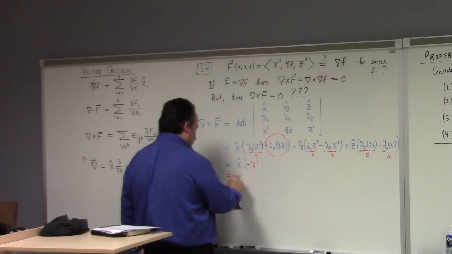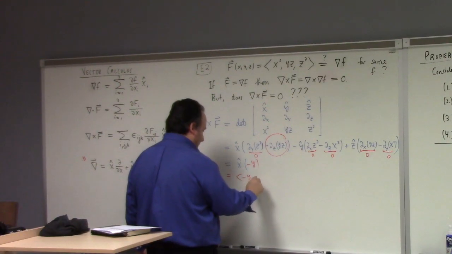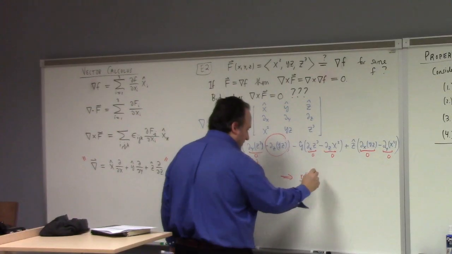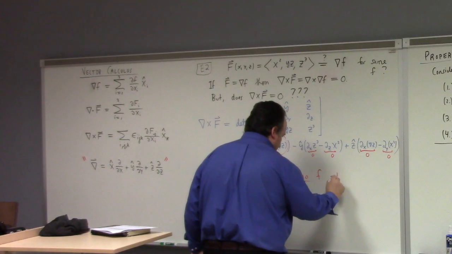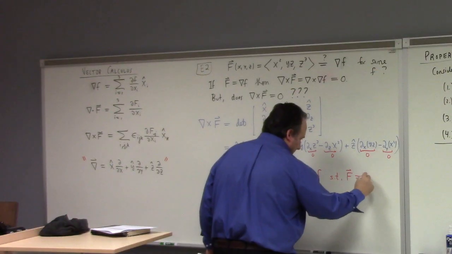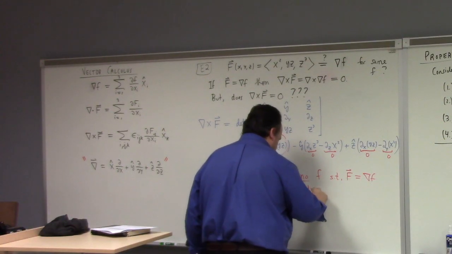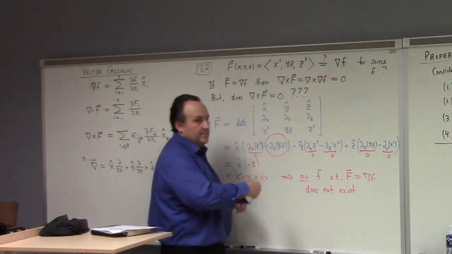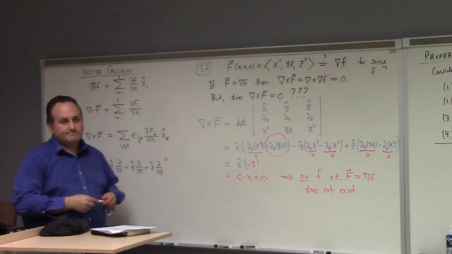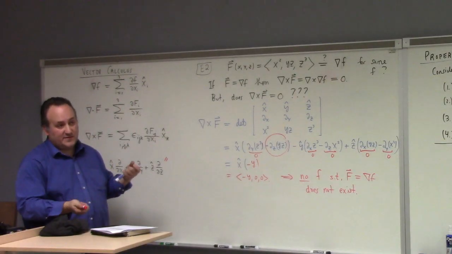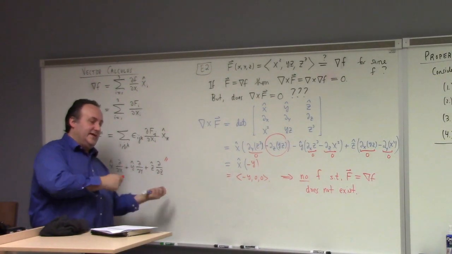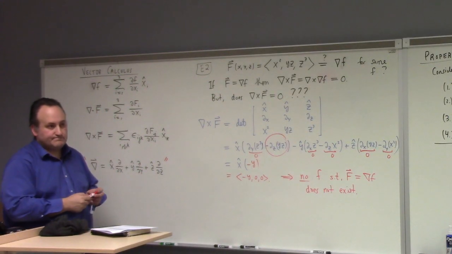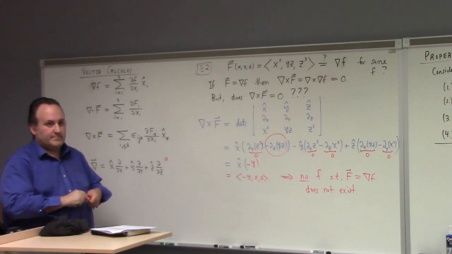So in other words, the curl is minus y, 0, 0, which tells us that no, f such that big F equals the gradient of f does not exist. Because if it did, it would violate this identity. It would force a contradiction because the curl of the gradient is 0, and yet the curl of this vector field is non-zero. Yeah?